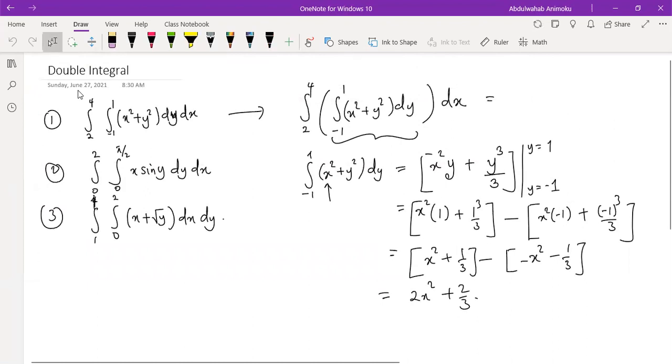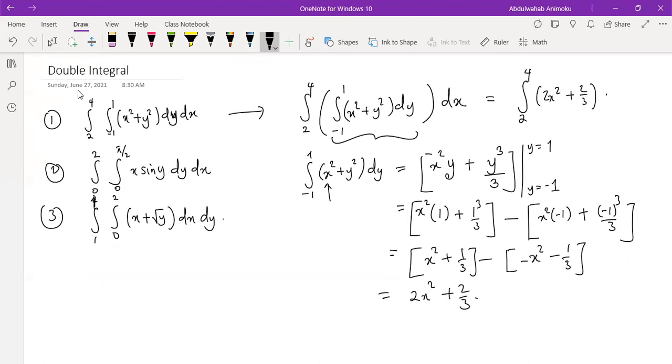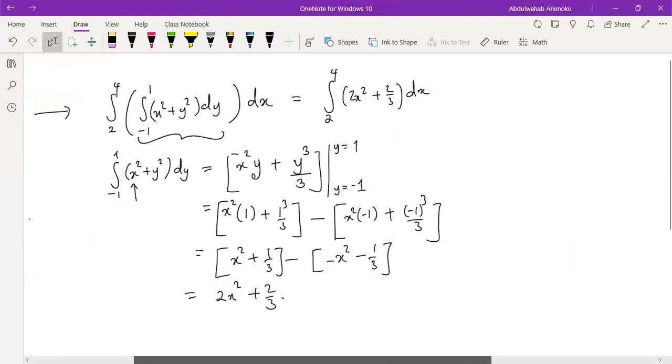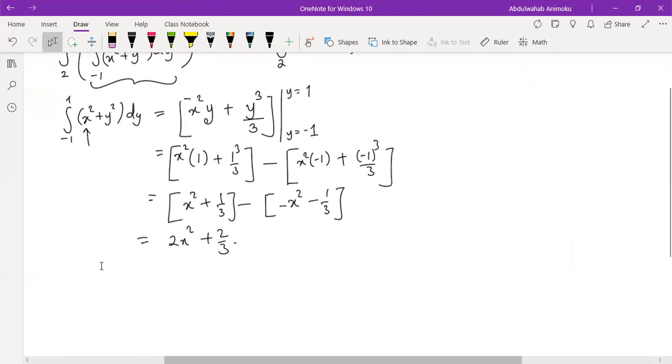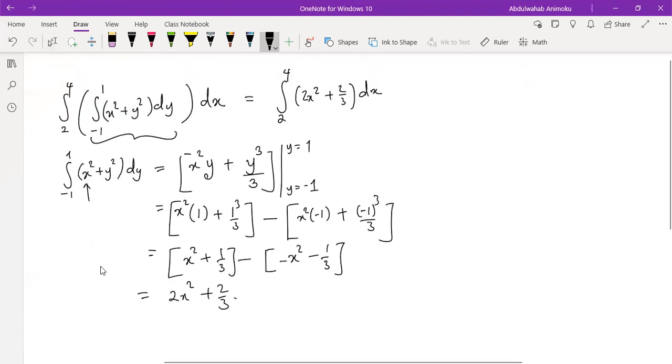Now the question becomes evaluating this integral, with bounds from 2 to 4, of 2x squared plus 2 over 3, with respect to x. Remember, we just finished with respect to y. Now what would be the value of this?